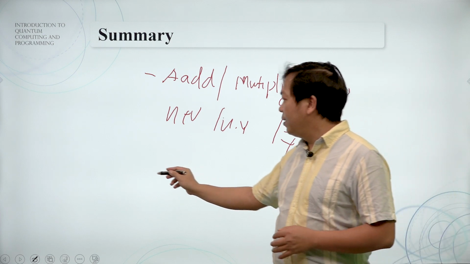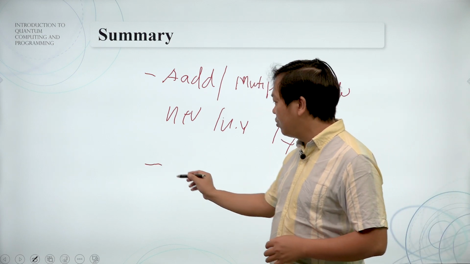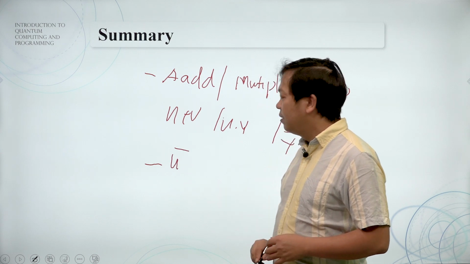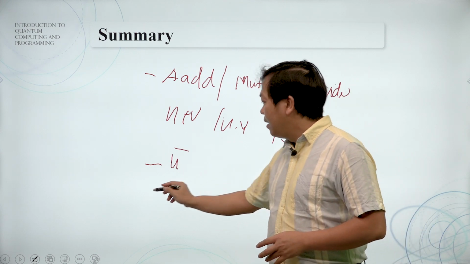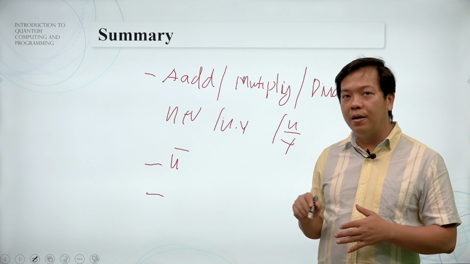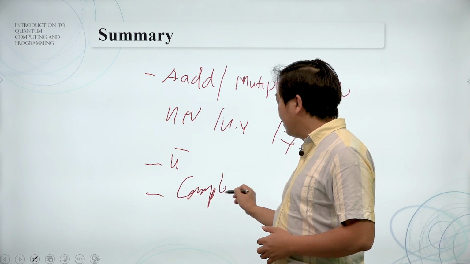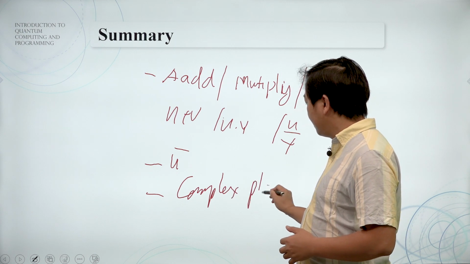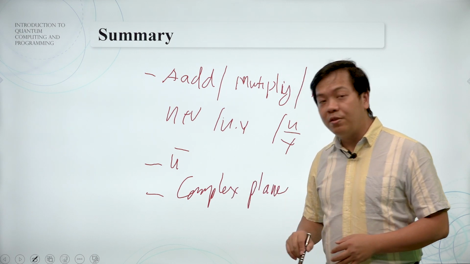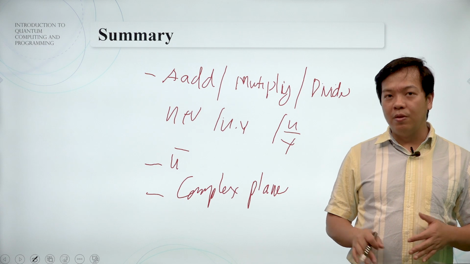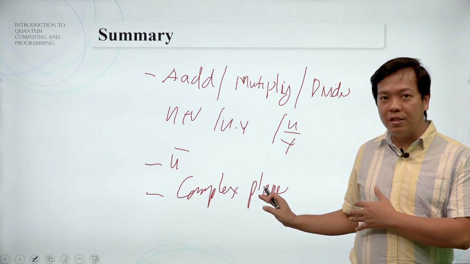The second, we learned about the conjugate of U. And the third one is the complex plane. This is very important to go to the next part. I hope you got these three points.